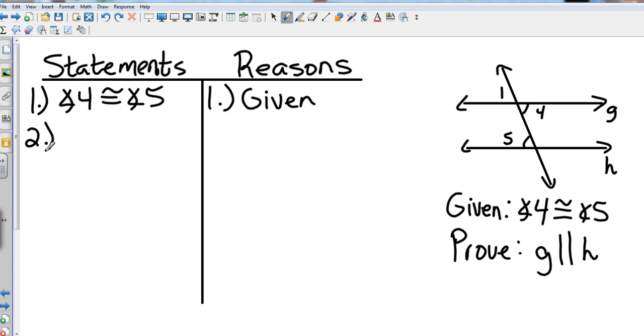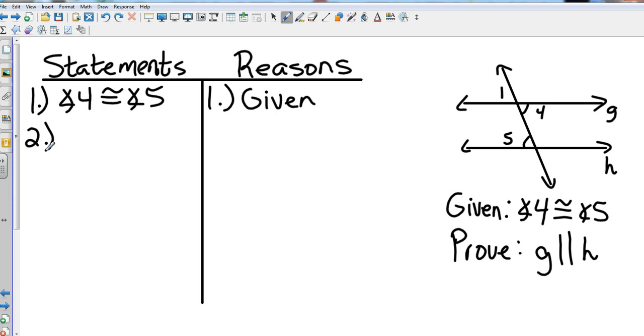And so just like we did in yesterday's work, now we can take a look at how I can compare those two. If angle 4 is congruent to angle 5, then there's 2 ways we could do this. Those are alternate interior angles, and so we could use the converse theorem there. We could say that 1 is congruent to 4 using vertical angles, and then 1 and 5 are corresponding.